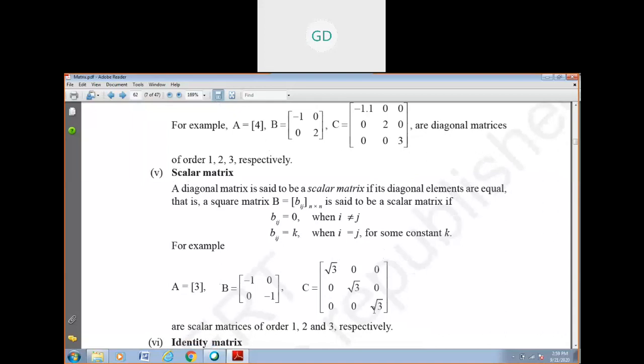That means a diagonal matrix is said to be a scalar matrix if the diagonal elements are the same constant. So to be a scalar matrix, first the matrix must be square, second it is diagonal, third the diagonal elements are constant. So simply, a diagonal matrix we can call scalar if the diagonal elements are constant.